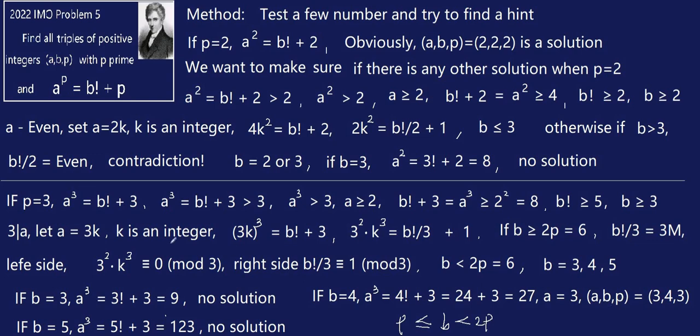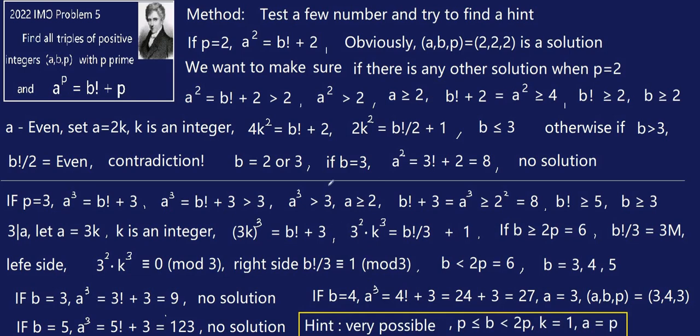So when we say a is 3k, it seems k is always equal to 1. And a is always divisible by p, because a is divisible by 2 here, and here a is divisible by 3. So possibly a may be equal to p. So this is the hint we get.